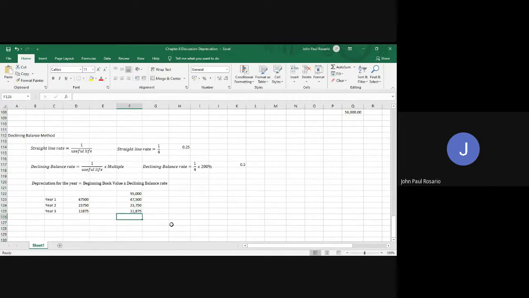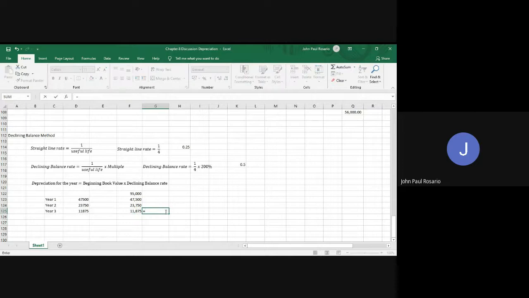Now here's the trick when it comes to declining balance method. You can never depreciate your asset more than the salvage value. So if this is the case, the depreciation will be adjusted. Basta whatever it is, your book value should not become lower than your salvage value.